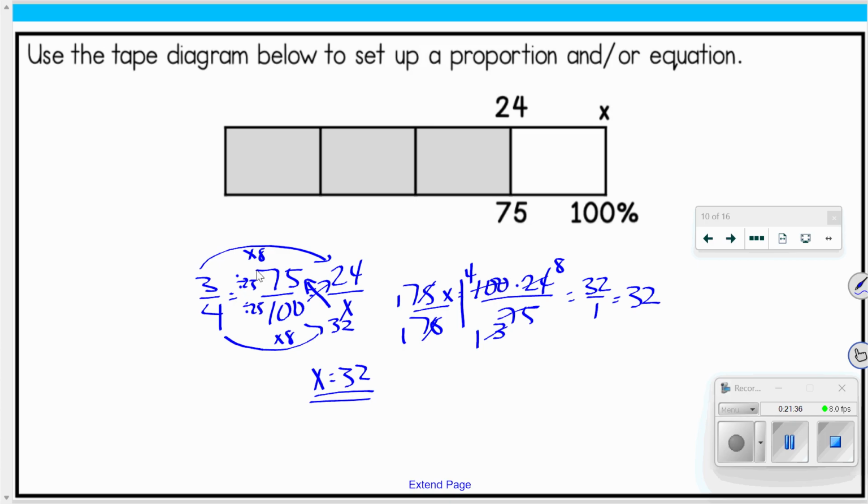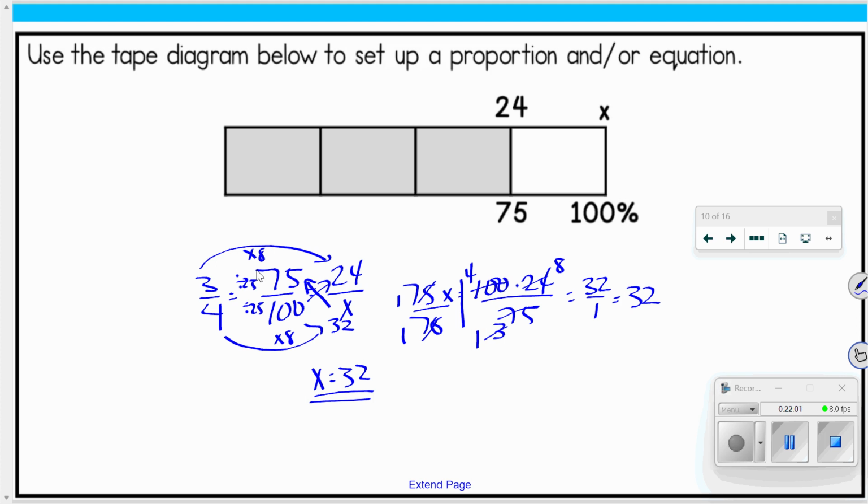Could I have just done it as a proportion, Jace? Yes. Why? Because I could simplify to a number that got me to the 24.